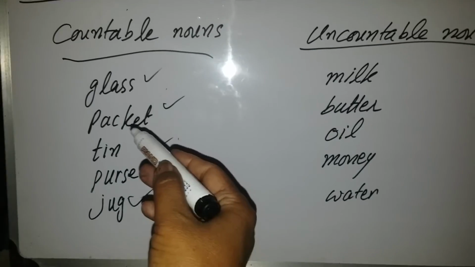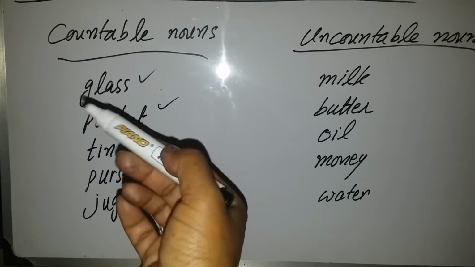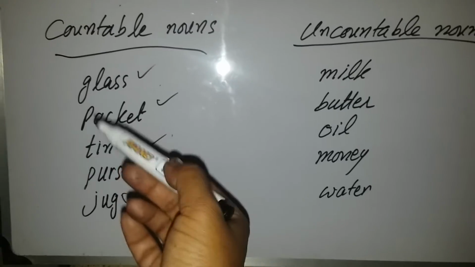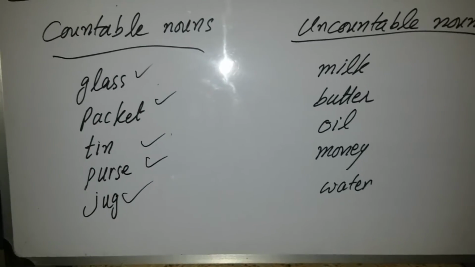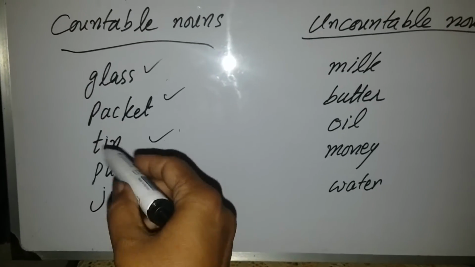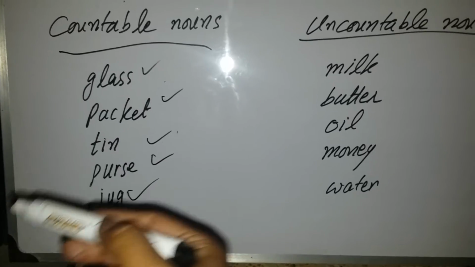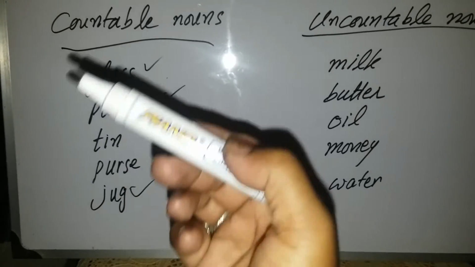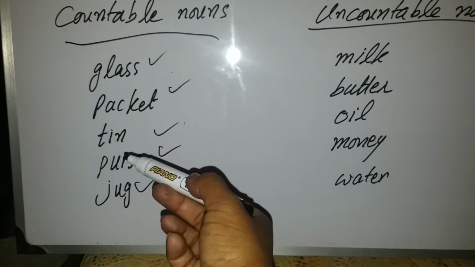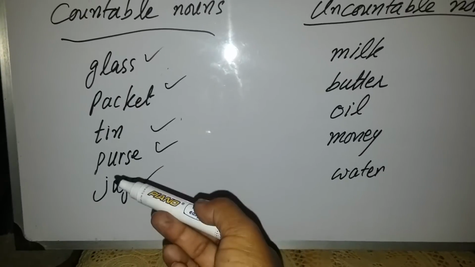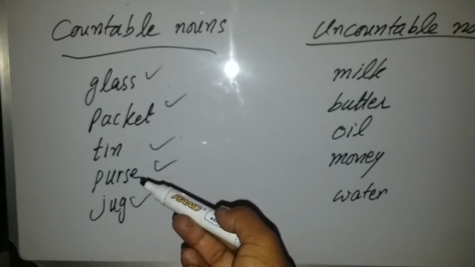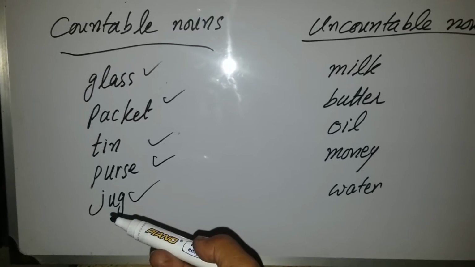For example, if there is one glass, you can count it: 2, 3, 4, 5, 6, 7. If there are 200 glasses, you can count them. So it is a countable noun. Packets: if there is one packet, 2, 3, 4, 5, 6, 7 or 800 or 900 packets, you can count them. Tin: if there are 1, 2, 3, 4, 5, 10, you can count them. Similarly, the purse can be counted. The jug can be counted.